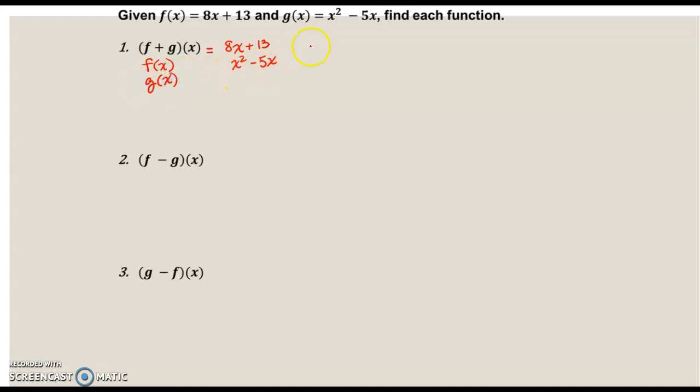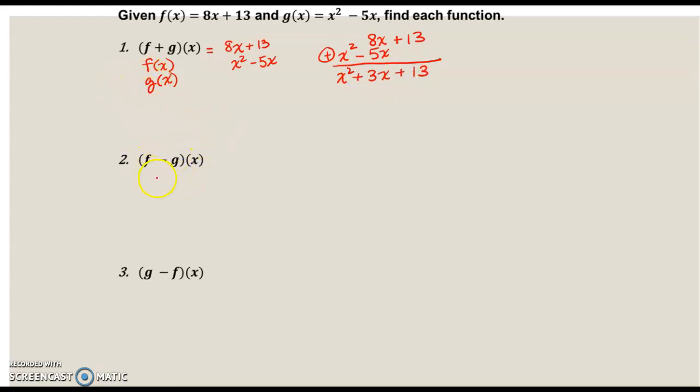Like I said, I usually like to stack them. The x squared's off by itself. I've got a minus 5x. The 8x would match up with the 5x, and the 13 would be by itself. So if you stack these up, you end up with x squared, 8 minus 5 is 3x, 13.